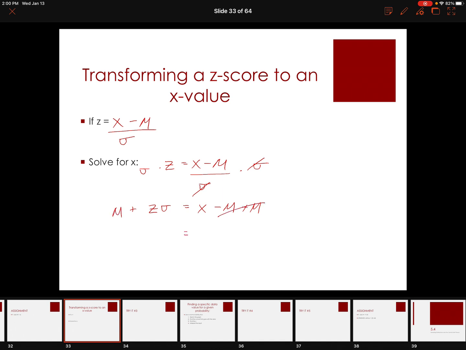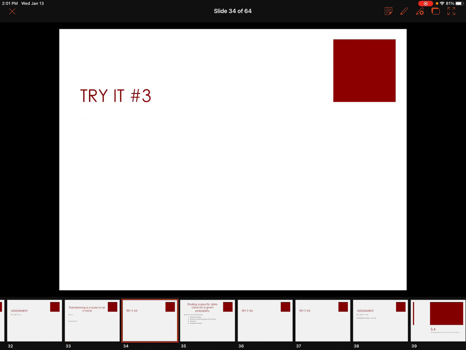That would give me x is equal to the mean plus z times the standard deviation. So we can solve for essentially any variable in there, but this is going to allow me to take a z-score and change it to an x value.